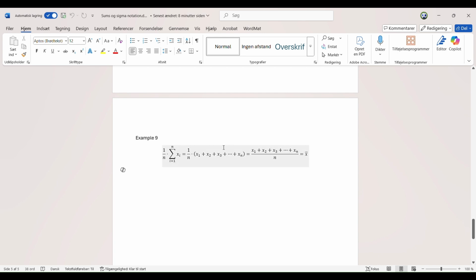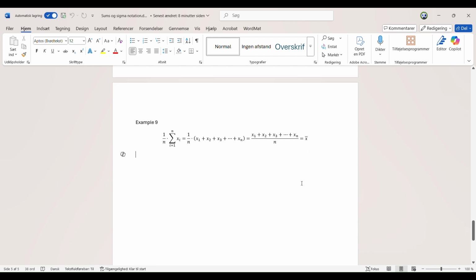So we put all of this up here. Then we get this fraction x1 plus x2 plus x3 all the way up to xn divided by n, which was down here. And that is the same way as calculating our mean for some values of x. So if we had some x values from 1 all the way up to n, we could have divided by the number n, and we could have calculated our mean of some values for x.